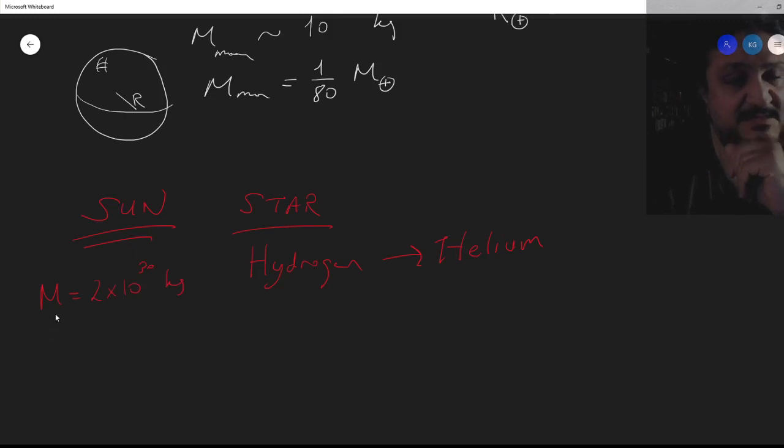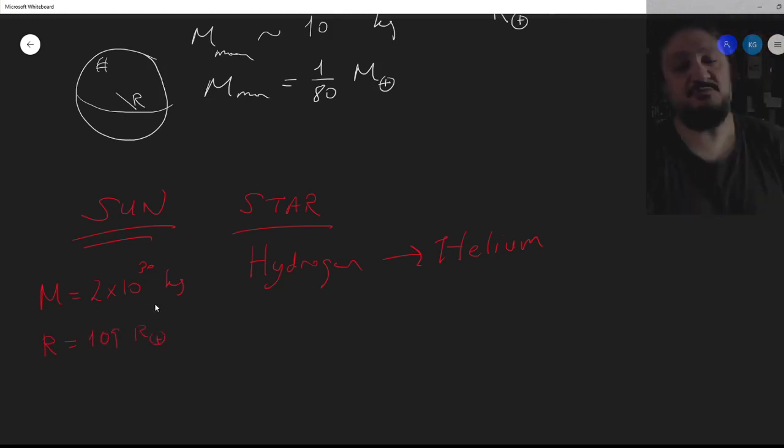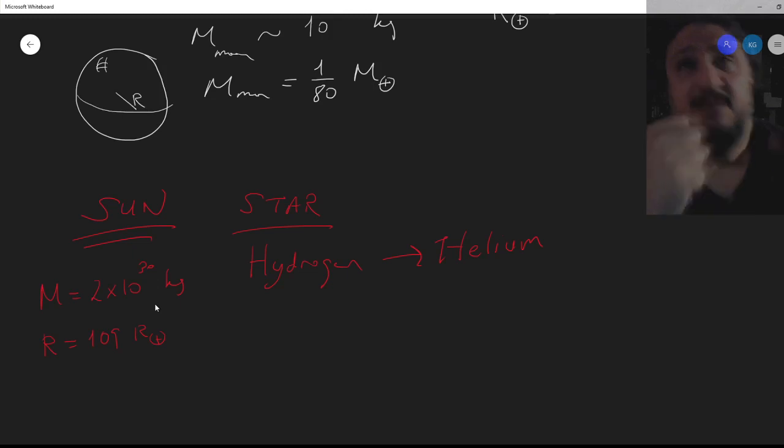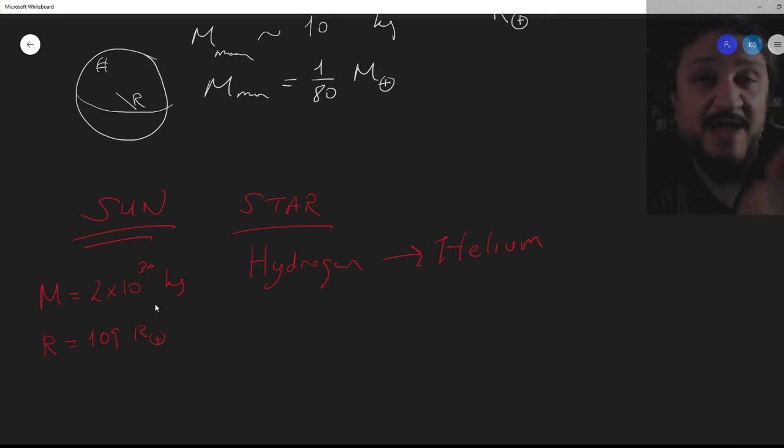So the Sun is not only large, with a radius of about 109 Earth radii, but its mass is huge, 10 to the 30th compared to 10 to the 24th of Earth. With that much mass attracting each other under the influence of gravity, everything feels a pressure. Under that temperature and pressure, you have this nuclear reaction, which we call nuclear fusion.